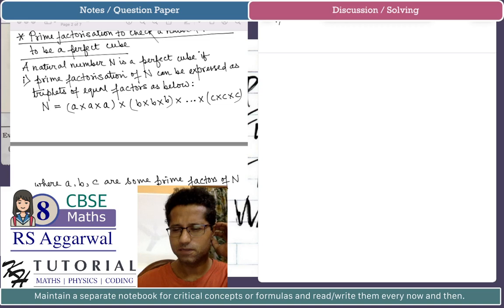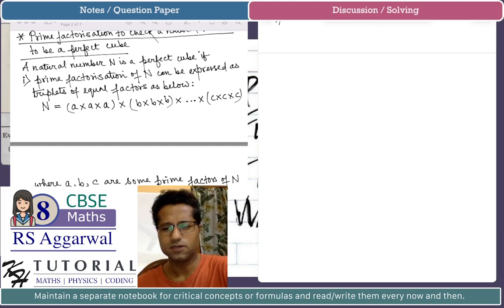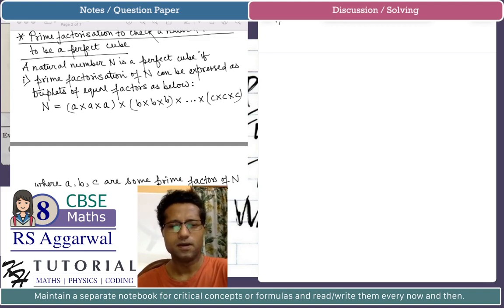Prime factorization means n has been expressed as a product of multiple prime numbers, and if we group all the similar prime factors in triplets, that is three similar prime factors as one group, and all the prime factors of n are part of a triplet, then n will be a perfect cube.